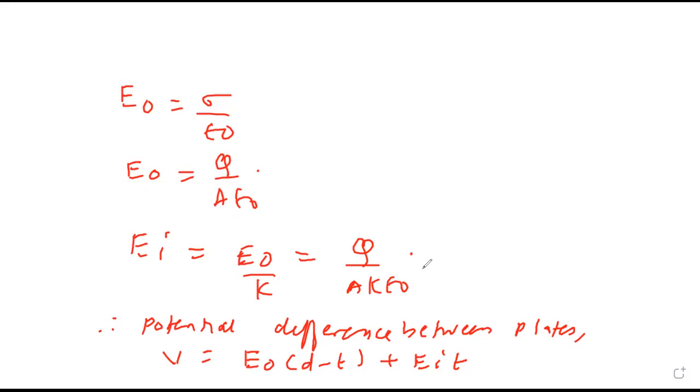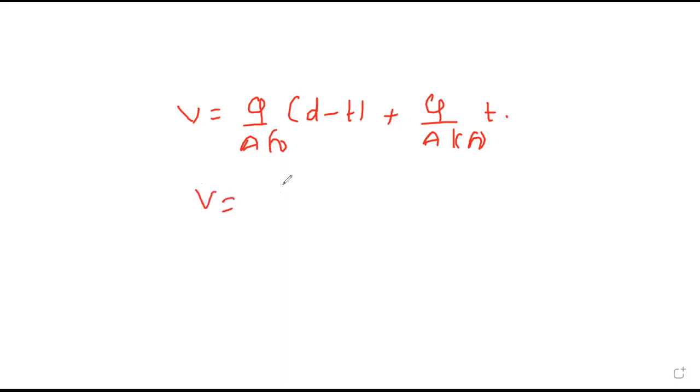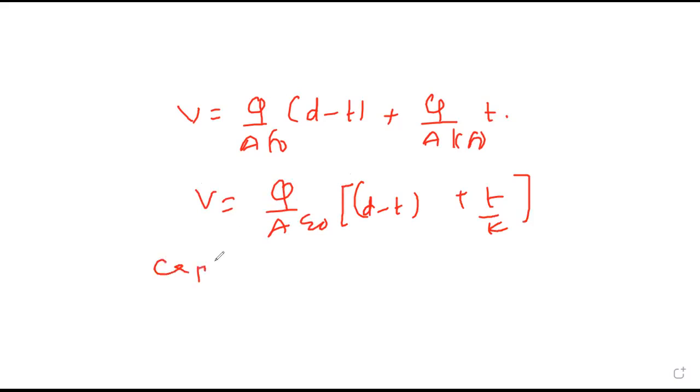Can I clear this? Yes. So we get V equals E naught, which is Q upon A epsilon naught, into that thickness, plus EI, which is Q upon A K epsilon naught, into thickness. So V equals Q upon A epsilon naught common, inside d minus T plus T upon K. Now capacitance is always charge upon potential difference.